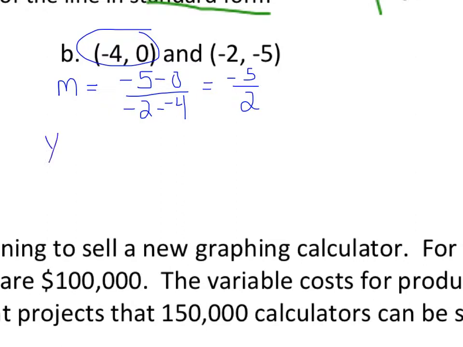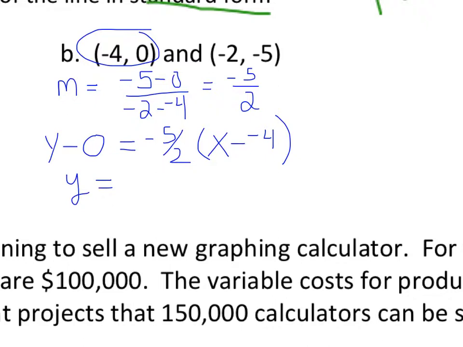So that's y minus y1, which is 0, equals my slope times x minus x1, which is -4. And this is convenient because y minus 0 is just y, and then I distribute this -5 halves in. Again, this double negative equates to a plus, and then -5 halves times +4 is going to equal a -10.